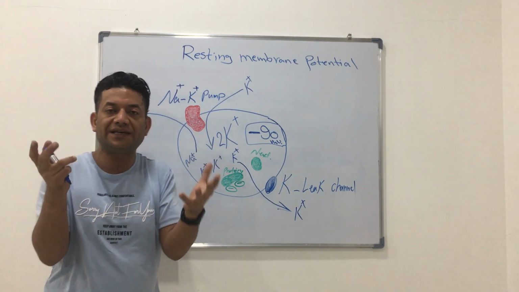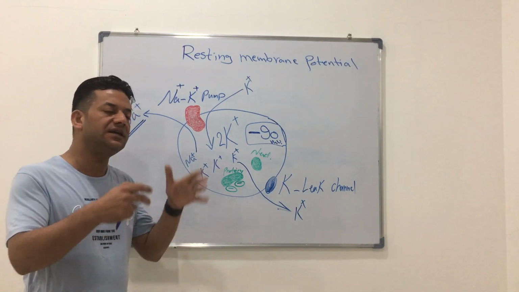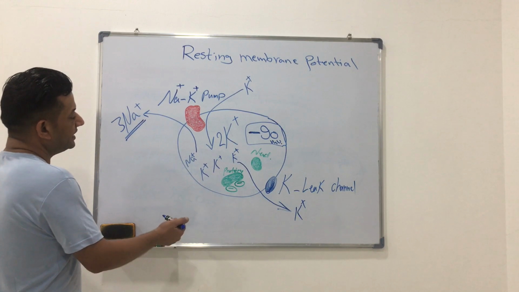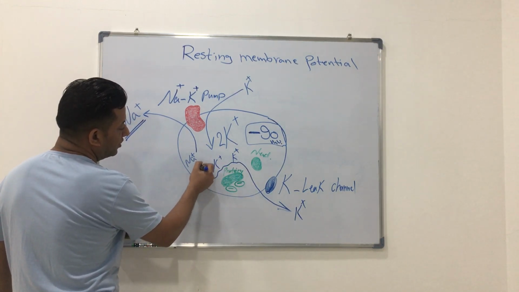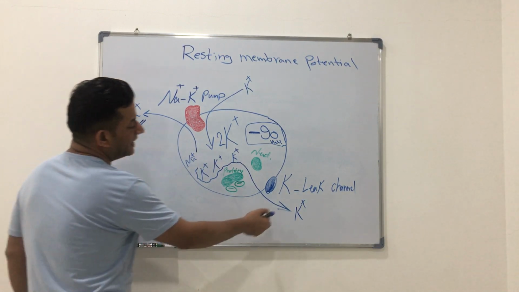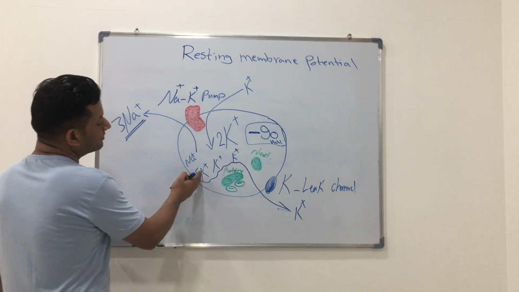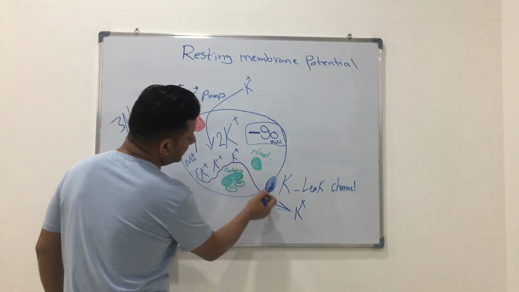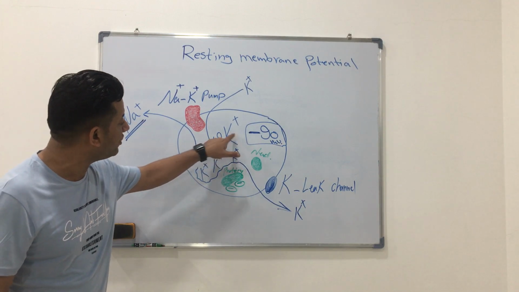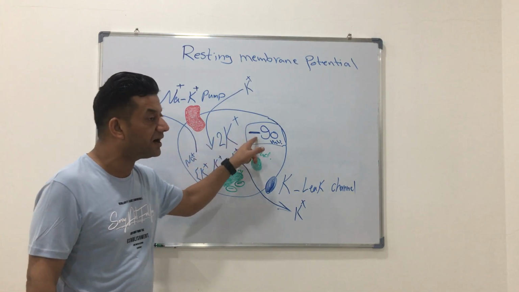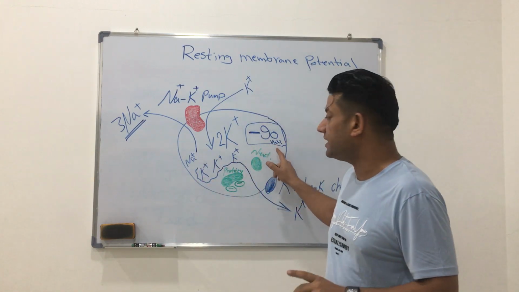And this will create a difference, a shortage in positivity inside the cell. And in addition to that, after accumulation of potassium ions inside the cell, a leak channel of potassium will be stimulated and open, and more potassium will leave the cell to outside the cell, leaving the inside of the cell negatively charged, reaching about minus 90 millivolts.